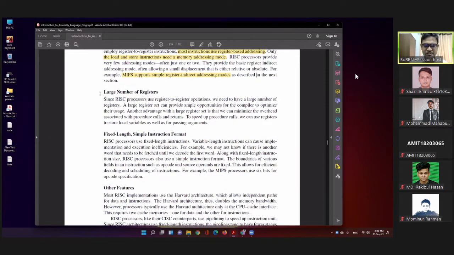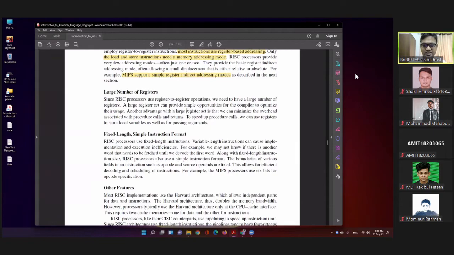The fourth feature is the large number of registers. Of course, they have a large number of registers because everything you are going to do is by using the registers; most of the tasks you are going to do register to register. There are very few tasks where you're actually using the main memory, right? So that's why you need larger registers, because you have a lot of tasks to do, and most of the tasks are by register.